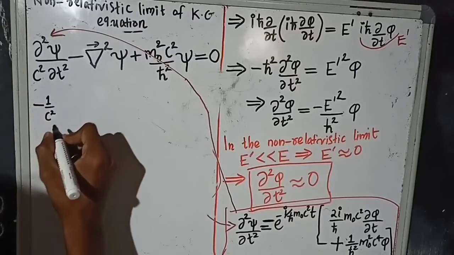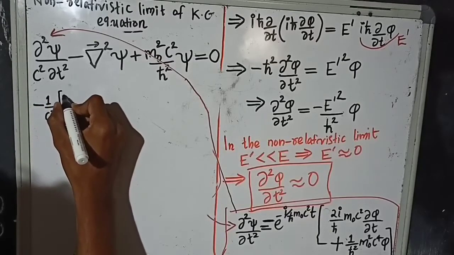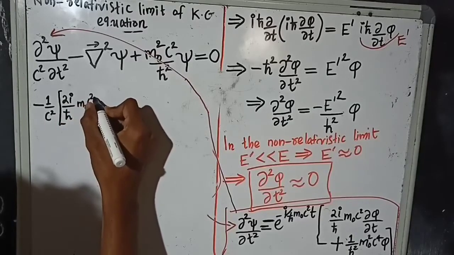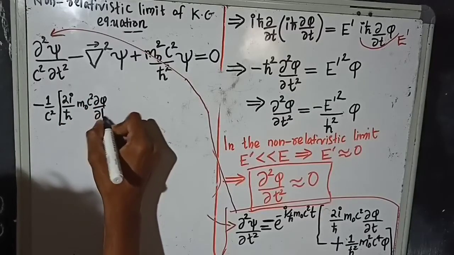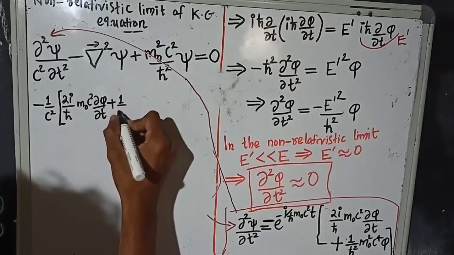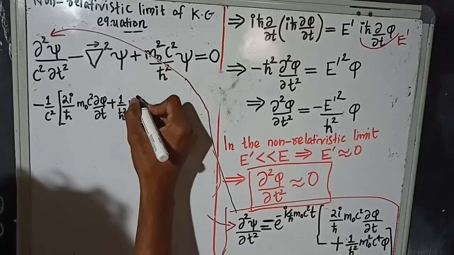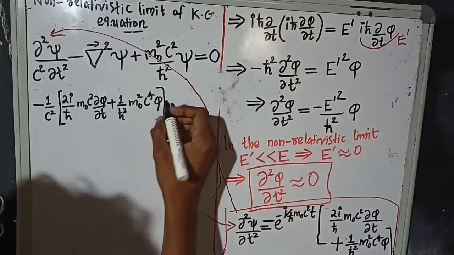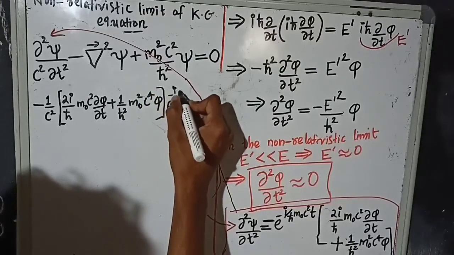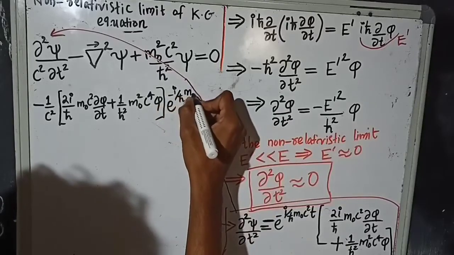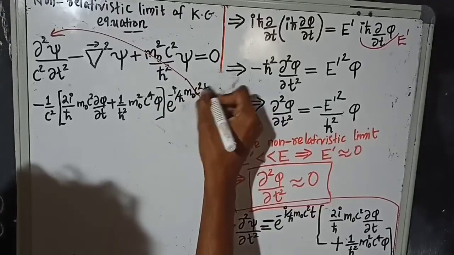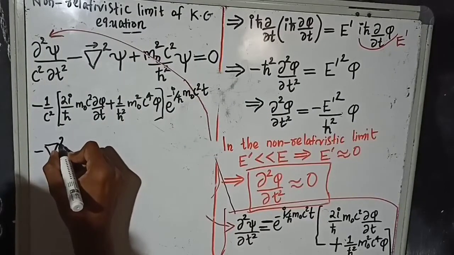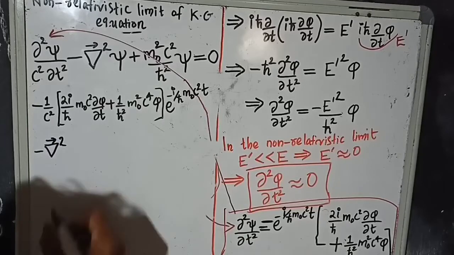Let me put the minus sign outside. So this gives minus 1/c² times (2i/ħ m0 c² ∂φ/∂t plus 1/ħ² m0² c⁴ φ) times our exponential part e to the power minus i/ħ m0 c² t, minus ∇²ψ.